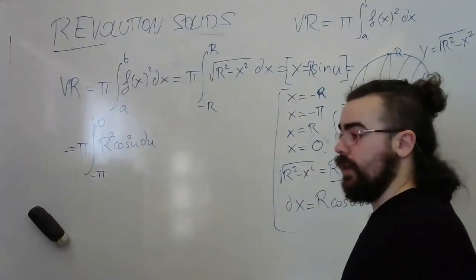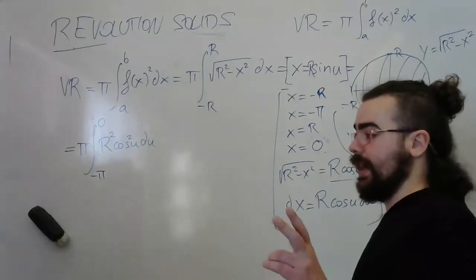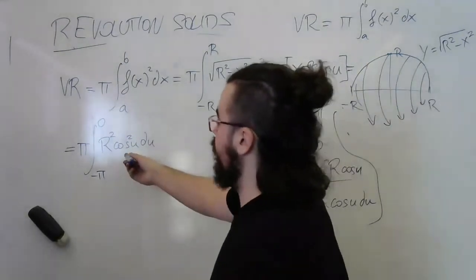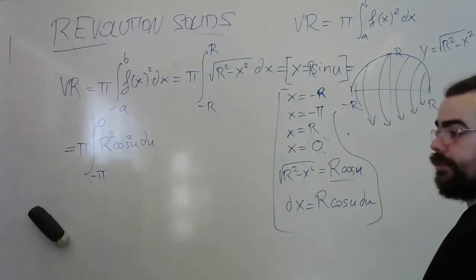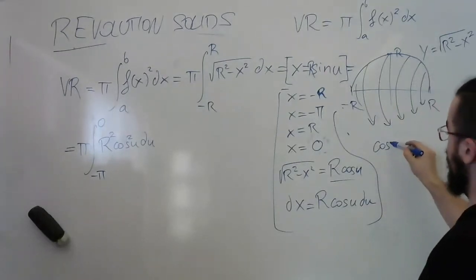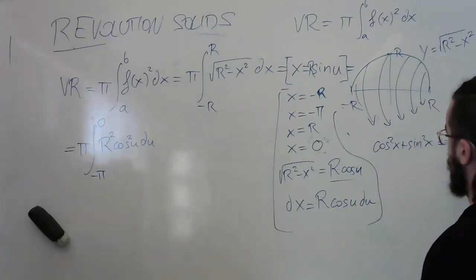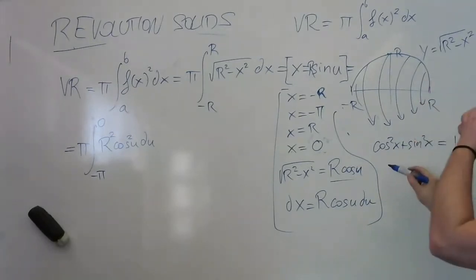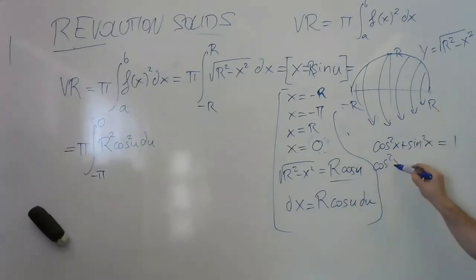Now I'm going to use the only two trigonometric identities that I know to figure this out. And those are cosine squared x plus sine squared x equals 1, and cosine squared x minus sine squared x equals cosine of the double angle.